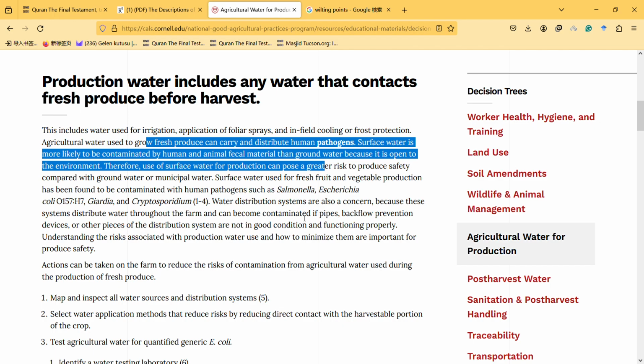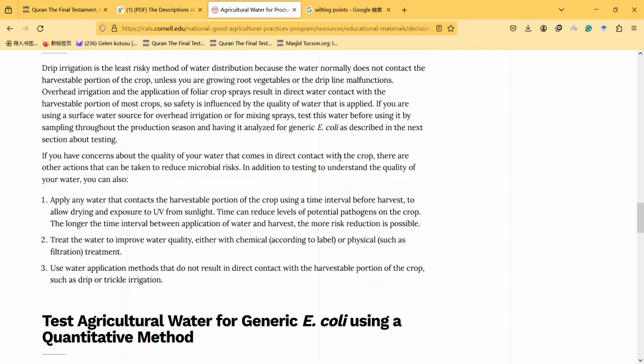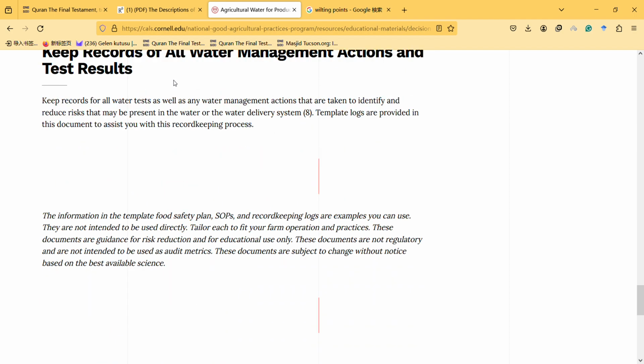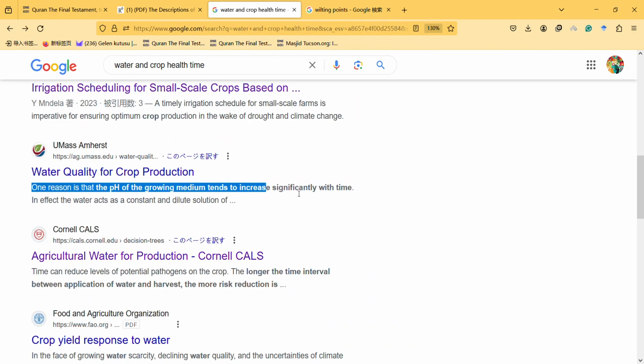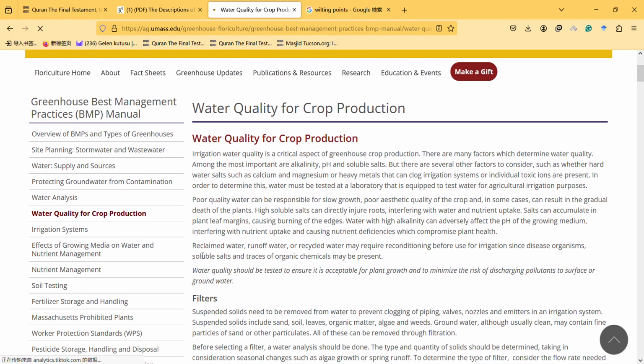It's not about the topic. And inspect all water sources and distribution. So I don't know how this is related. Sorry, I mistakenly opened it.